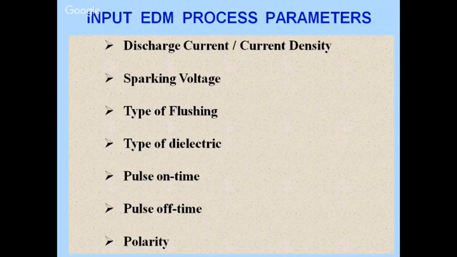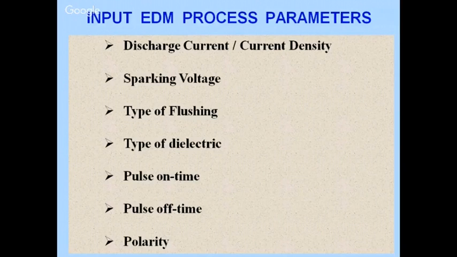You conduct a pilot experiment. Let me give you an example. You want to find out whether my voltage is affecting my process or not. You are carrying out a machining process. You keep all other factors constant. Take voltage as 30 volts.